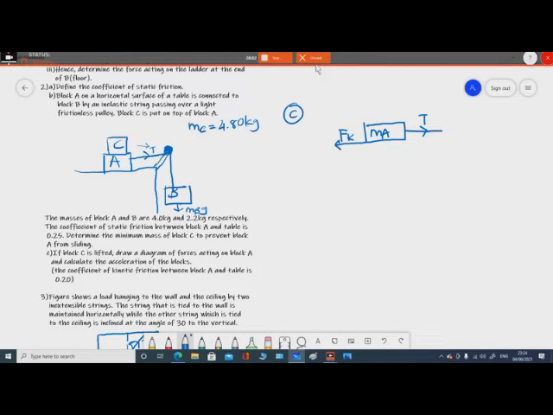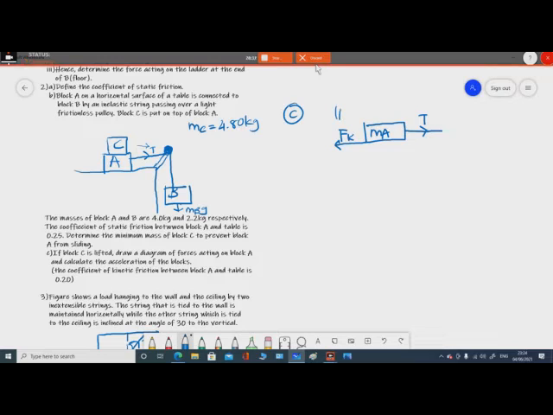This is no longer the static friction, since block A is no longer in a static condition. For this question block A has motion, so instead it is kinetic friction.